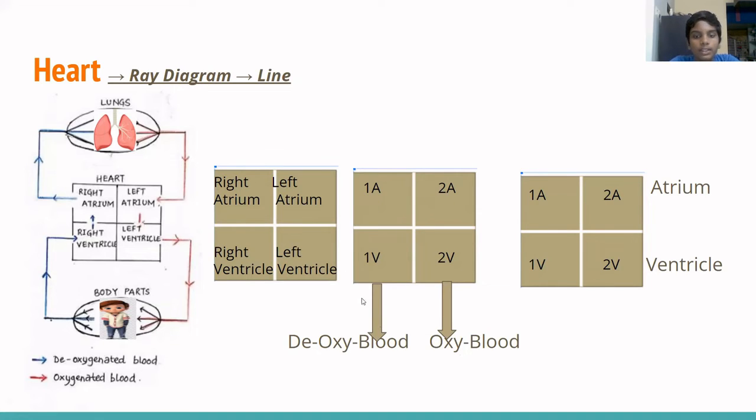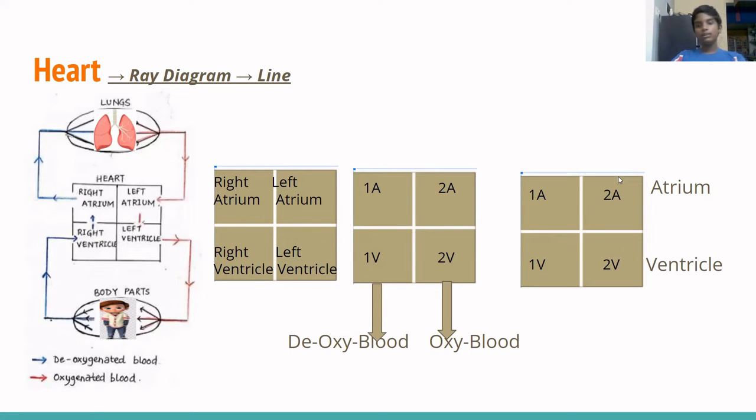I have given this in an even easier manner, 1A, 2A, 1V, 2V. So the right side contains deoxygenated blood. It helps in pumping the deoxygenated blood to the lungs so that the blood gets reoxygenated, mixed with oxygen. The other two are the left side.